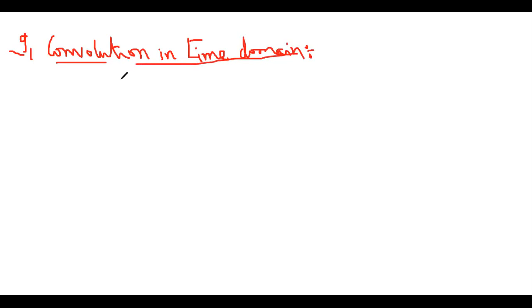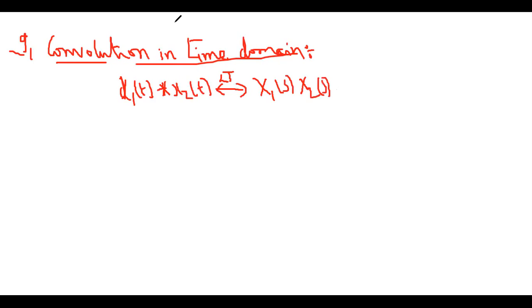The statement says that if I take x1 of t convolved with x2 of t, the Laplace transformation is X1 of s, product of X2 of s. This is the statement you have to prove for the convolution in the time domain.